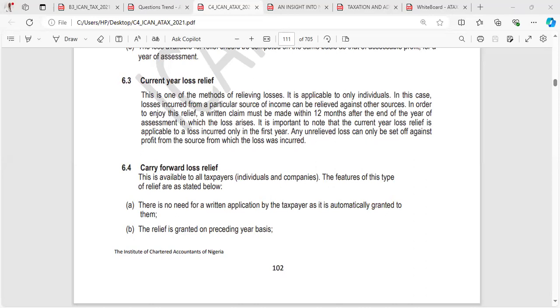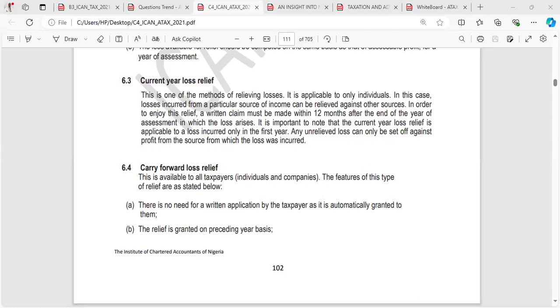Now, current year loss is only applicable to individuals. In this case, losses incurred from a particular source of income can be relieved against other sources of income.